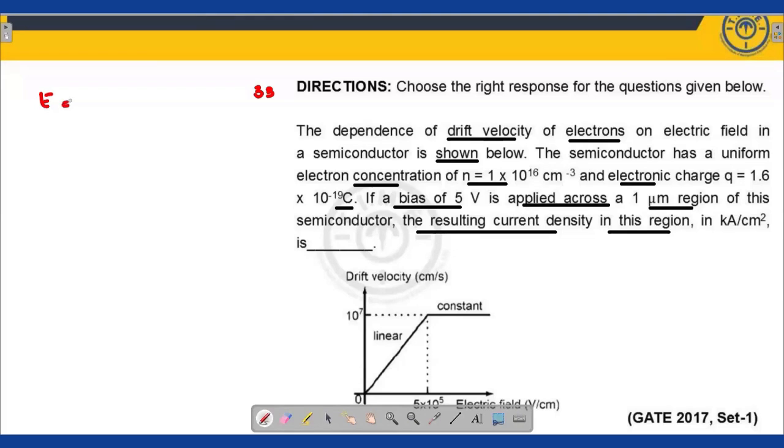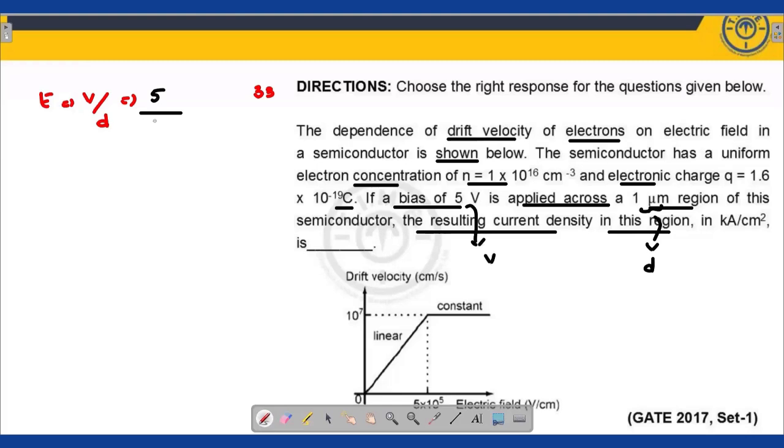Electric field is equal to V by D. V, the voltage, is 5 volts, divided by D, the distance. The distance he has given is across a 1 micrometer region. This is D, and V is here.